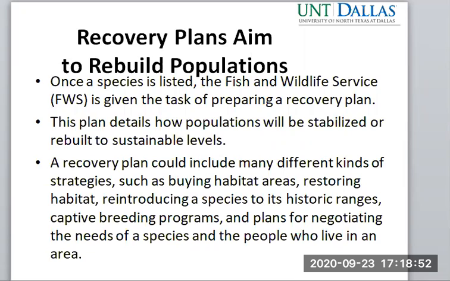There are certain recovery plans that aim to rebuild the population. The Fish and Wildlife Service, the FWS, can help landowners prepare habitat conservation plans. These plans are specific management approaches that identify steps to conserve that particular species or critical habitat.